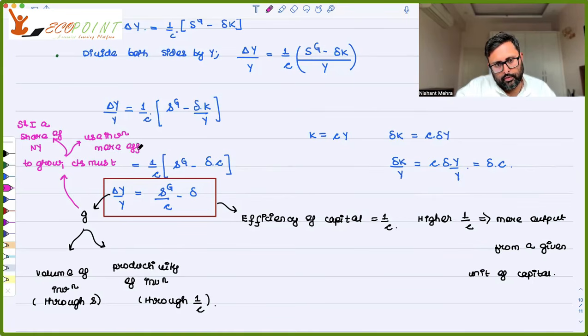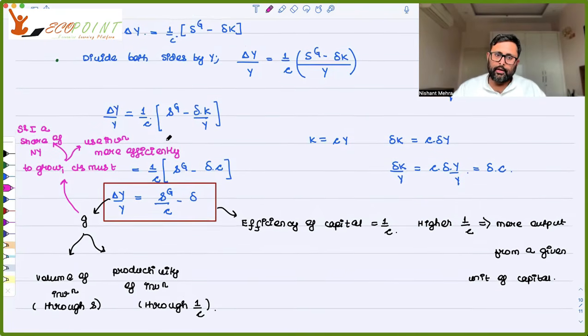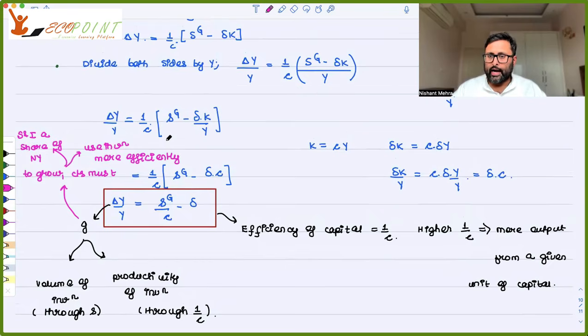You with me, guys? So this is what the Harrod Domar model is, which is given in Todaro and Smith.